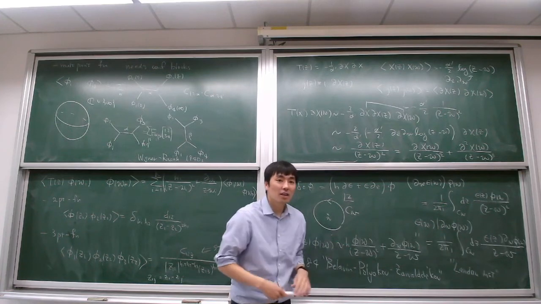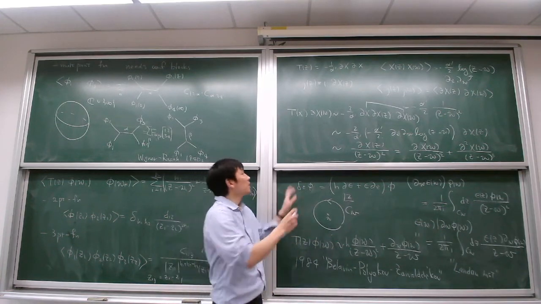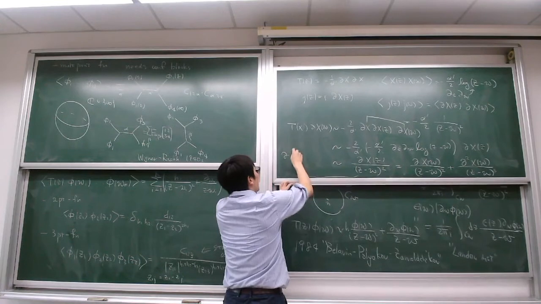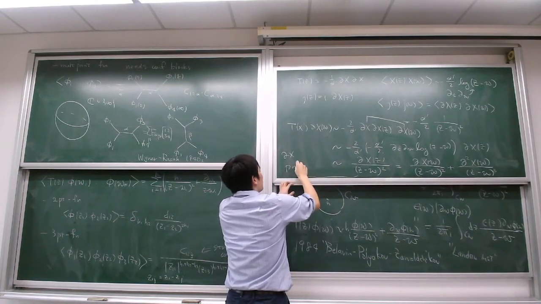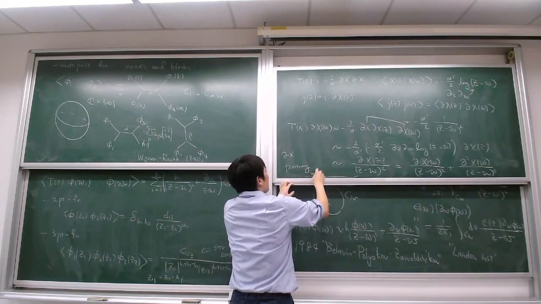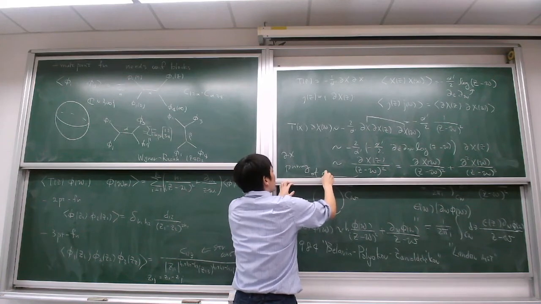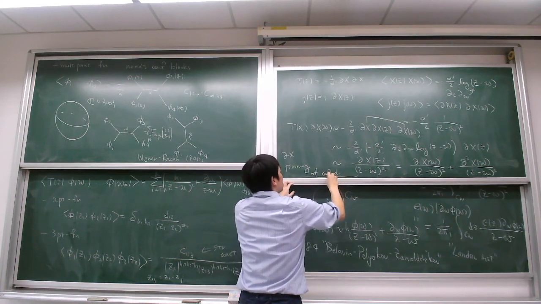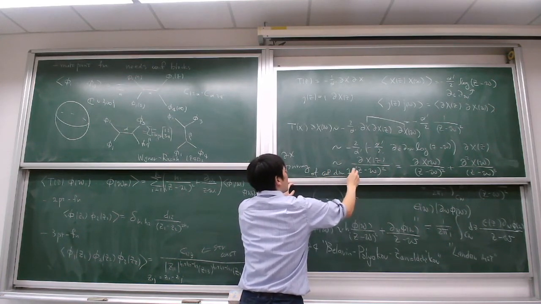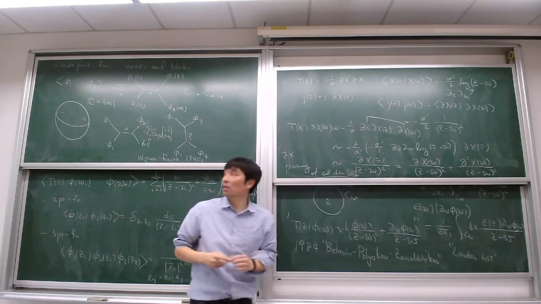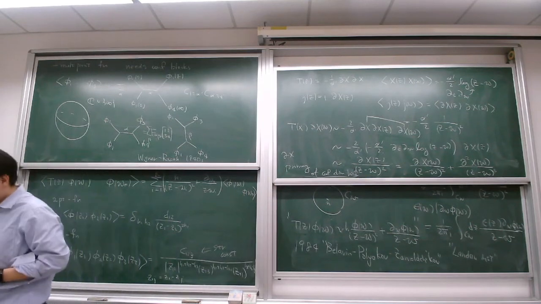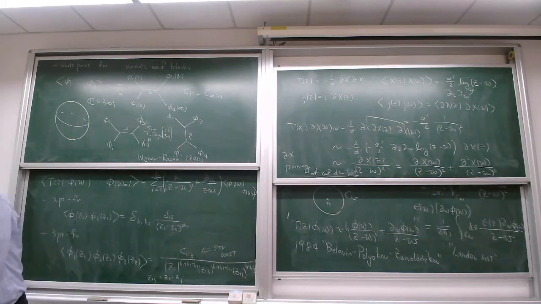So what we learn is that del X is a primary of conformal dimension h equal to 1. That's what we have learned.